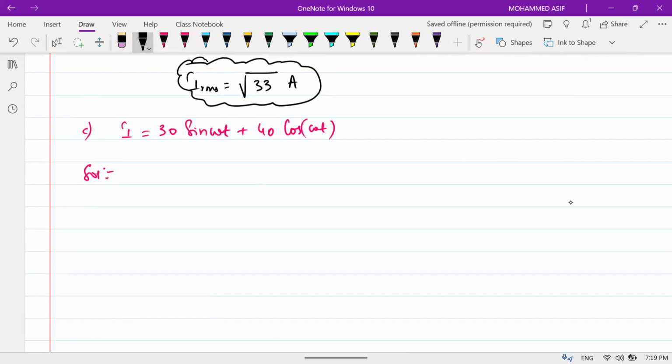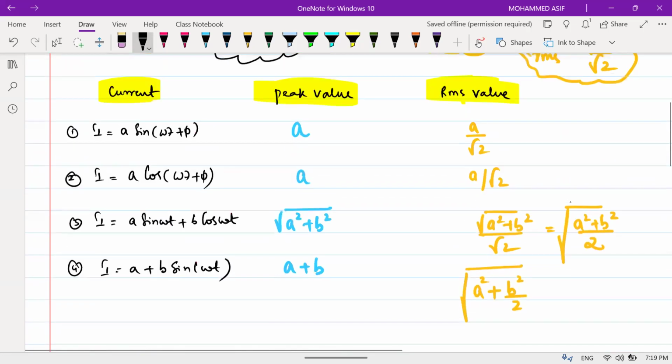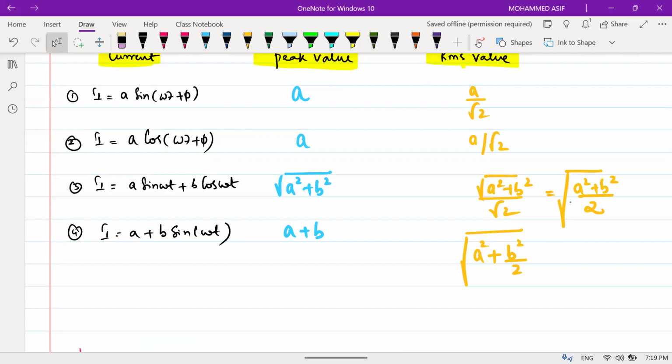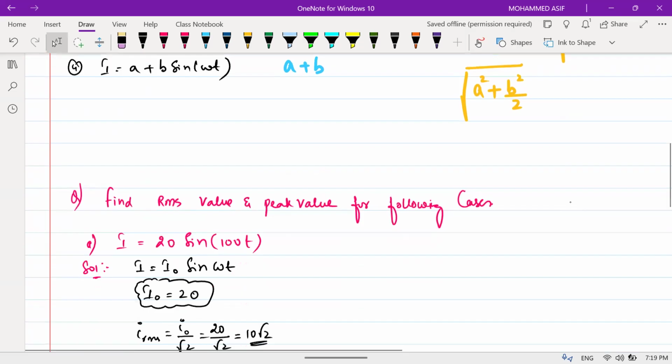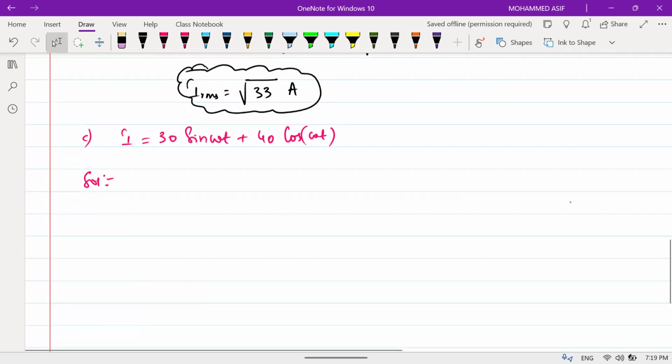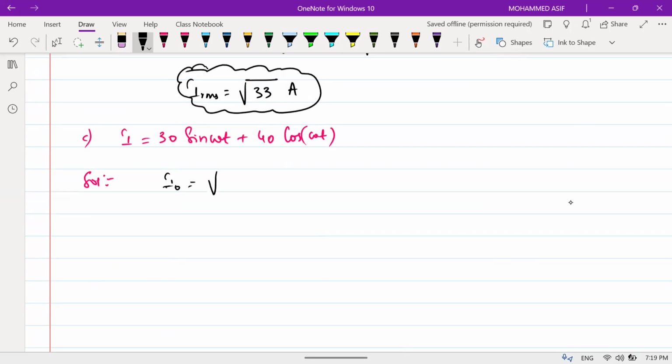Now it is in the form of A sine omega t plus B cos omega t. Third one: A sine omega t plus B cos omega t. Peak value will be the square root of A square plus B square. That means peak value I naught is the square root of 30 whole square plus 40 whole square. How much will it be?